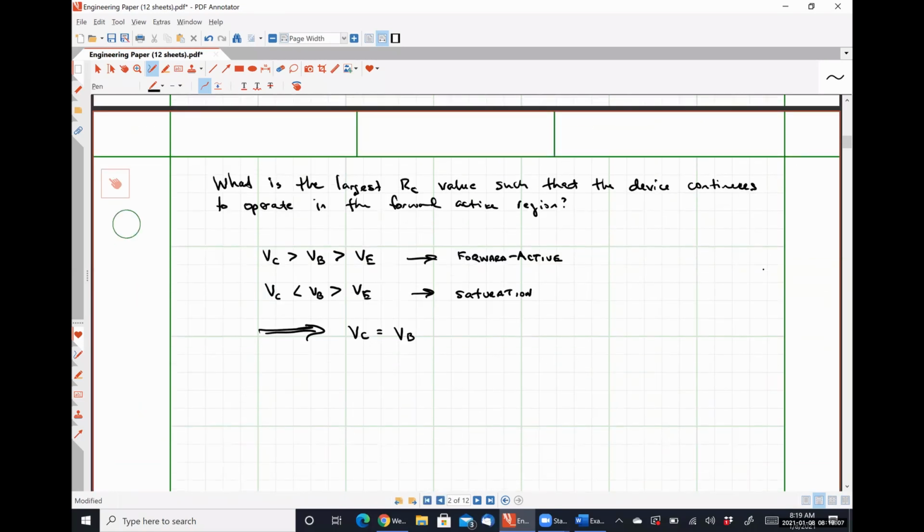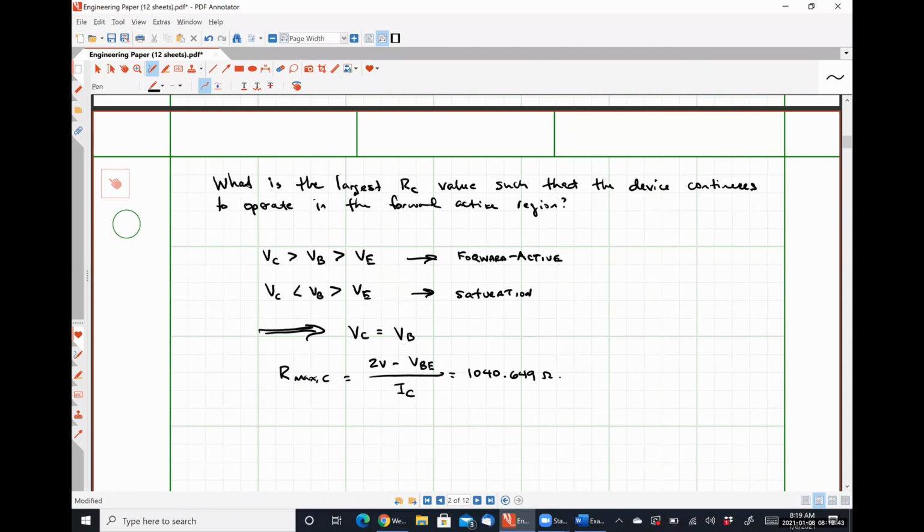I would argue that the maximum value of the resistor is 2 volts minus VBE divided by IC, which would be 1040.649 ohms.